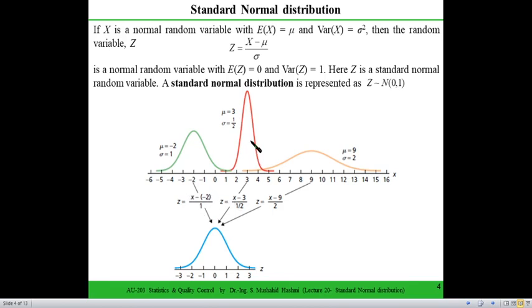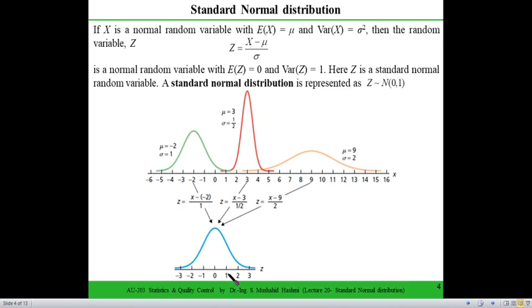And if we transform the red distribution, its random variable is x, its mean value is 3 and its standard deviation is 1 upon 2. And for the third one, where the mean is 9 and the standard deviation is 2, we have transformed all these different distributions into different values of z.